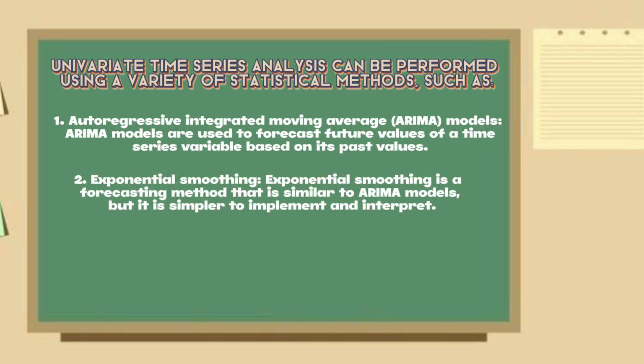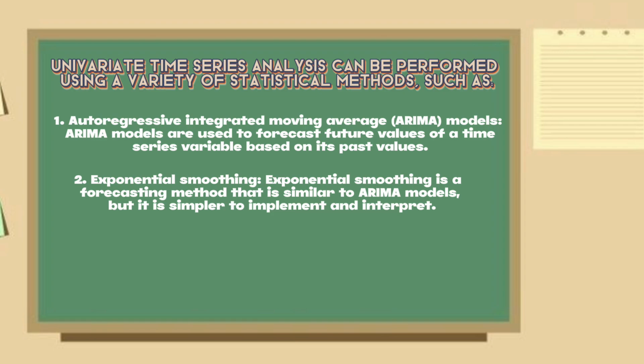Exponential smoothing. Exponential smoothing is a forecast method that is similar to ARIMA model, but it is simpler to implement and interpret. Exponential smoothing is a time series forecasting method that applies weighted average to past observations, giving more weight to recent data points.